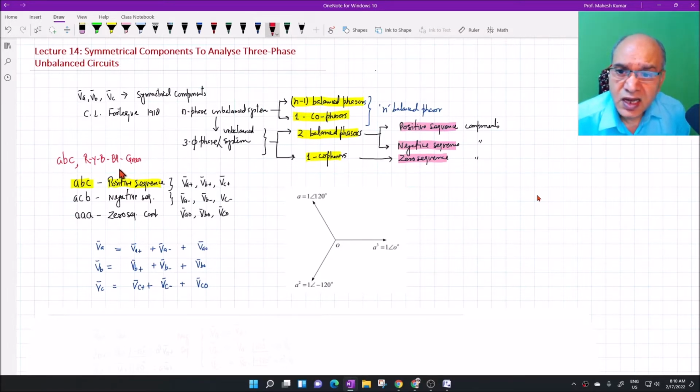So this RYB or ABC sequence basically is called positive sequence because B follows A and C follows B, and then again A follows C. So ABC or BCA or CAB, they are same sequence and they form the positive sequence.